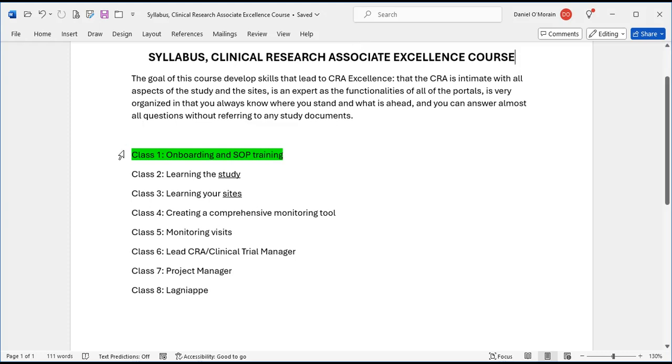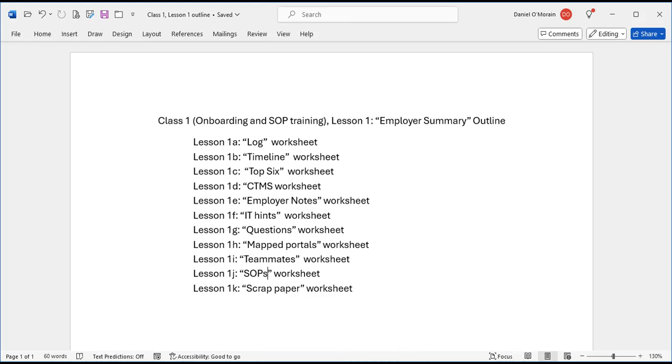As you can see, we are in Class 1, Onboarding and SOP Training. So this is the outline for Class 1, and we are down here at the Employer Notes worksheet, which is Lesson 1 Echo.